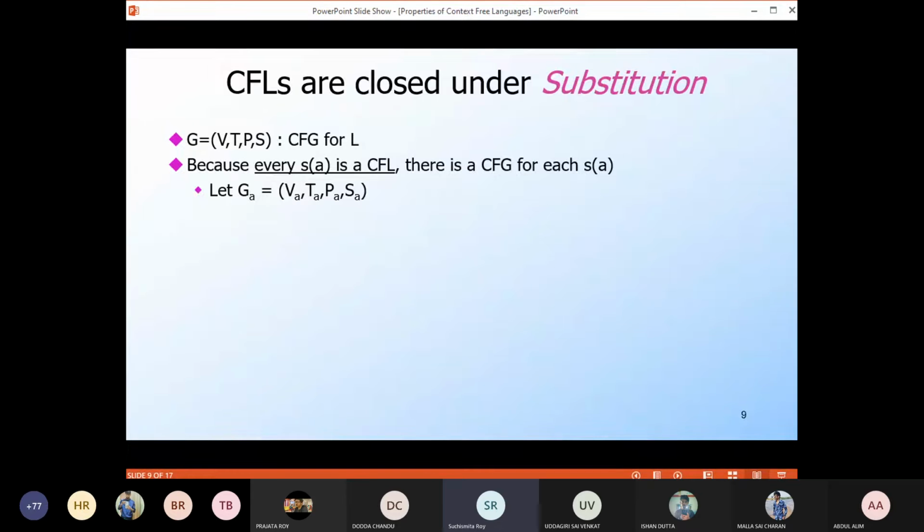So if there are n input terminal symbols in T, say n for New Delhi, then how many context-free grammars are we dealing with?